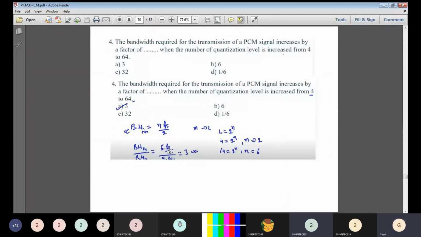Bandwidth equals n into fs by 2. This is for the case n equal to 2.